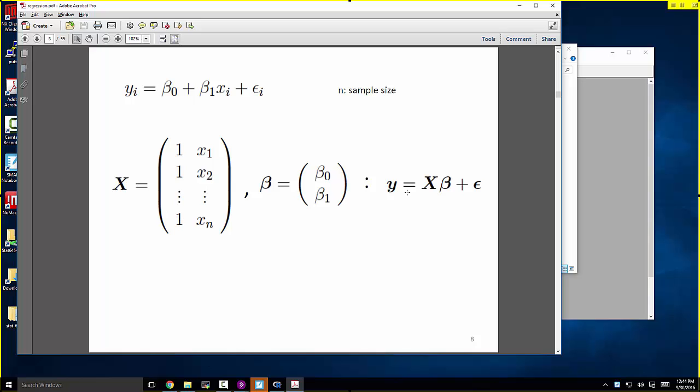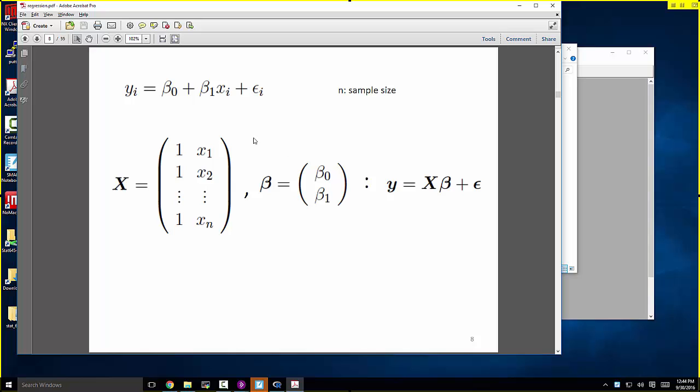So whenever we do x times beta, we are recapturing this. X is n by 2, beta is 2 by 1. So when we multiply them together, we will have n by 1. We're going to have a vector, one expression for every individual.